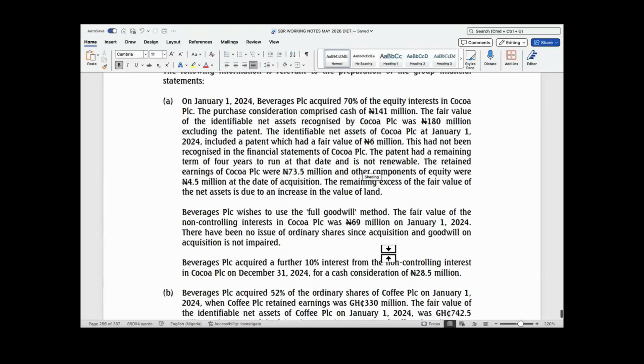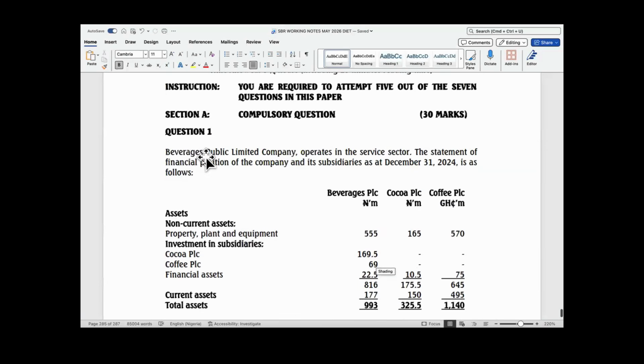So looking at the question then, we have Beverages Public Limited Company. You operate in the service sector. We're told that the statement of financial position of the company and its subsidiaries as of December 31st, 2024 is as follows. So I was given the statement of financial position of three entities: Beverages PLC, Cocoa PLC, and Coffee PLC.